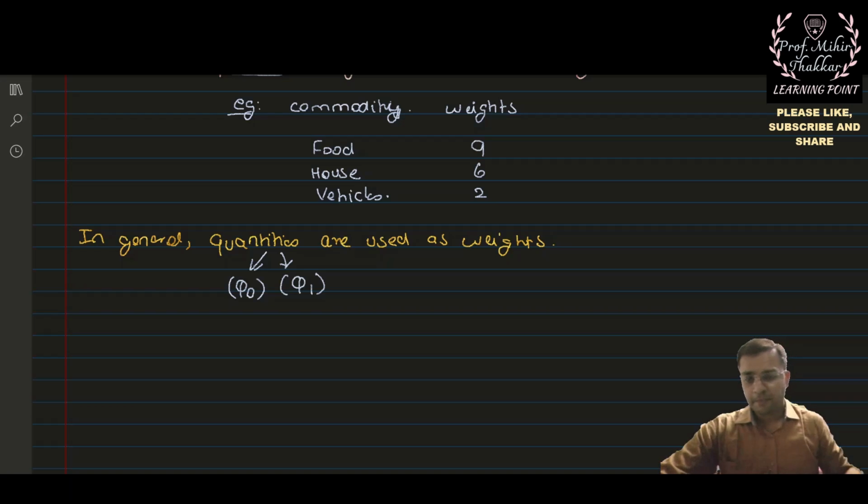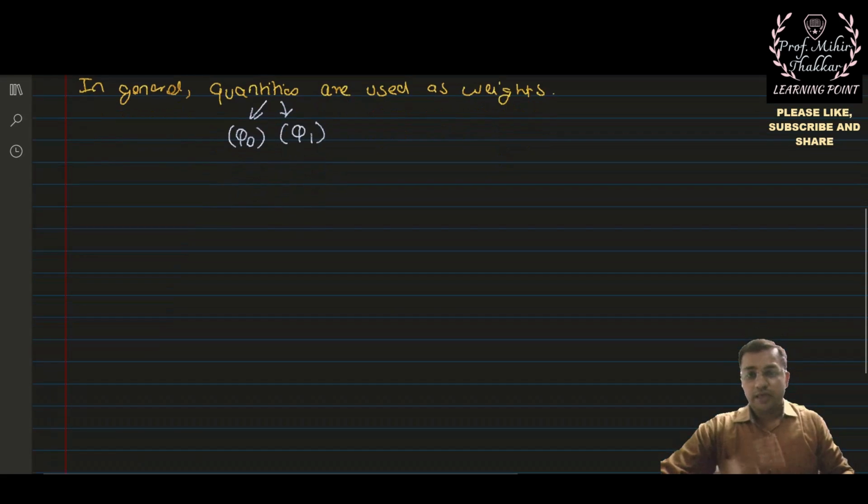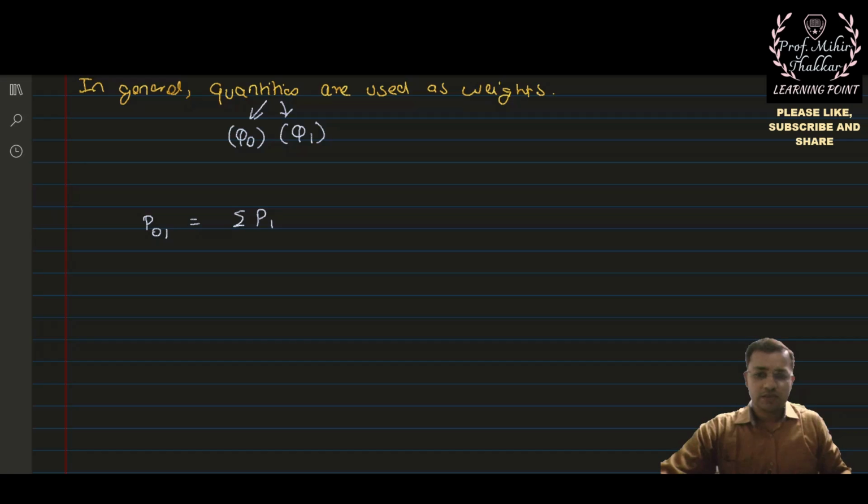Now see, in case of the simple index number, we had studied that P01 was summation P1 upon summation P0 multiplied by 100. Now when we are talking about the weighted index number, a slight change has been made in this particular formula. So what is the change?